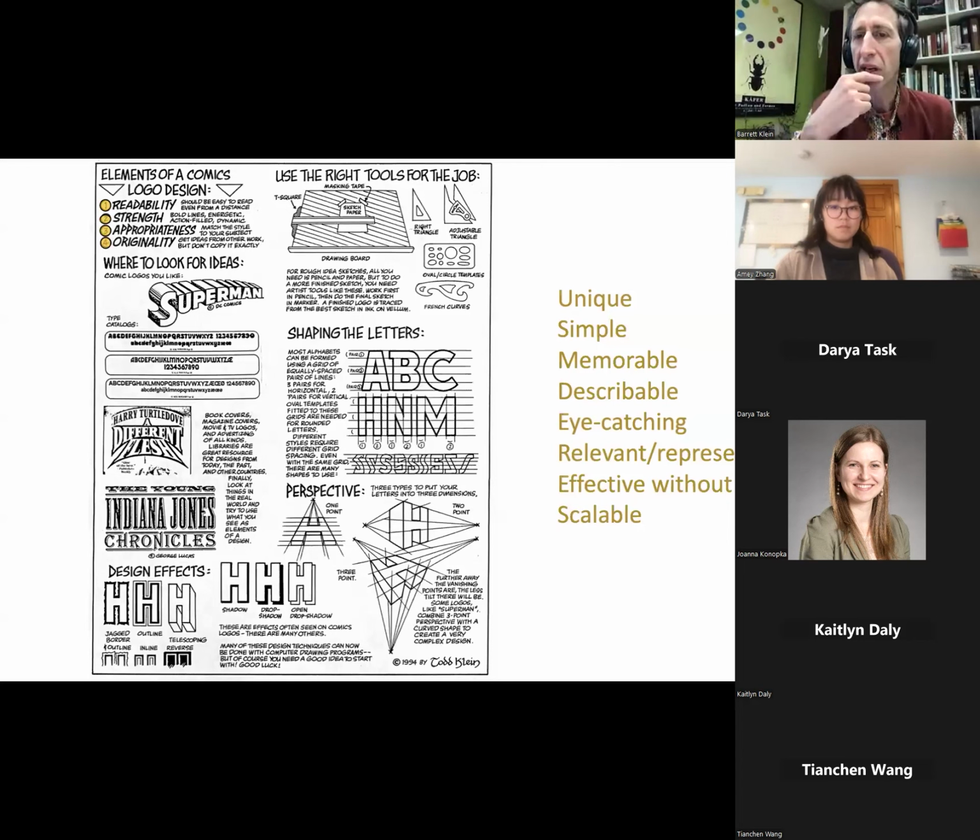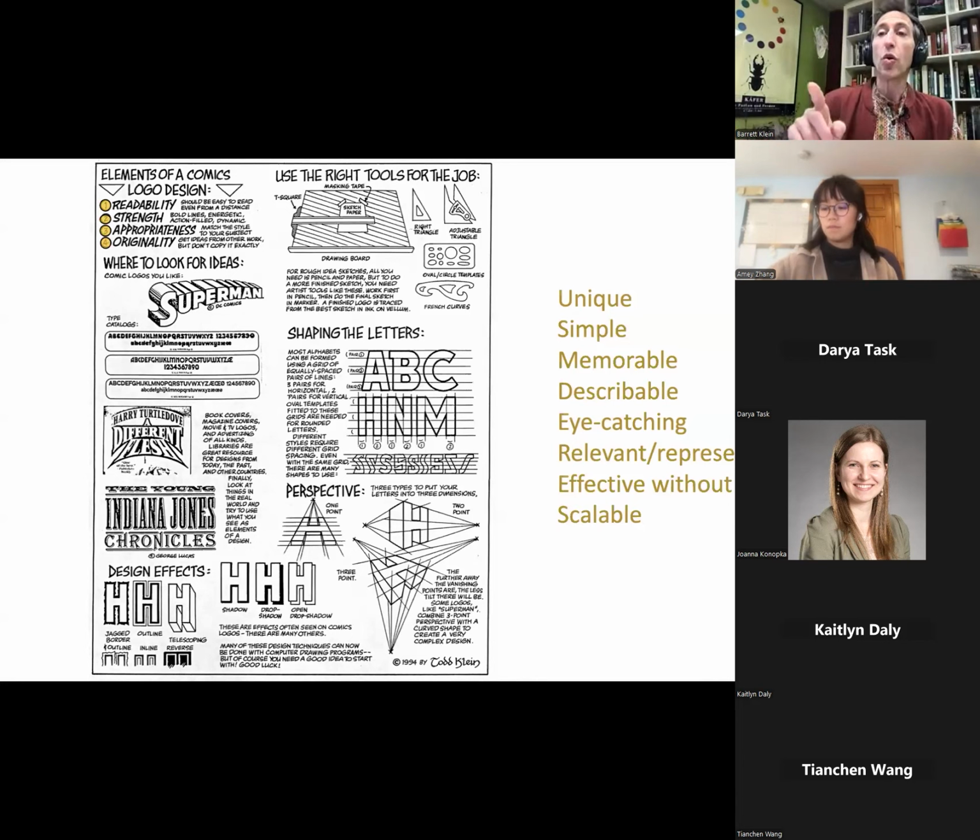Here was my working list, and I really liked your running list. So unique, it better be novel, better be simple. We better be able to walk away and remember that logo, better stick in your mind like an earworm. And then describable, can you describe it? Is it eye-catching? Is it relevant to whatever you're trying to represent symbolically?